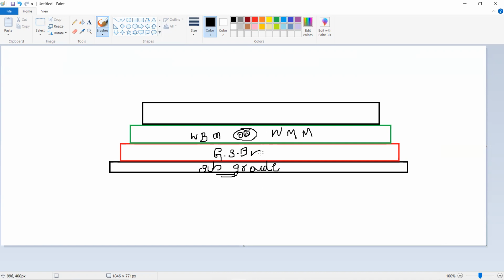Above the granular subbase layer we lay one more layer called water bound macadam or wet mix macadam. Based on the conditions, we lay a base layer. This layer is called the base layer.